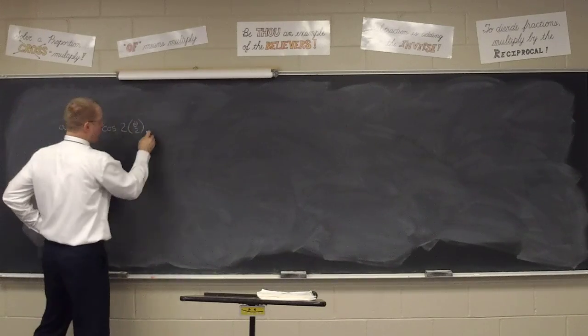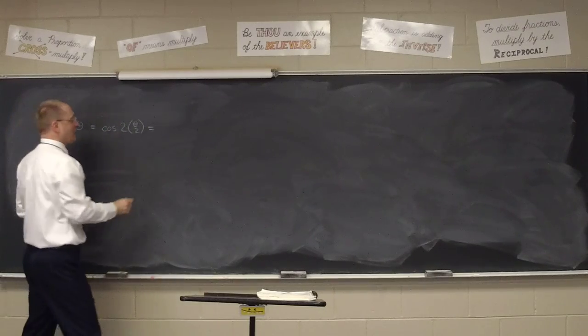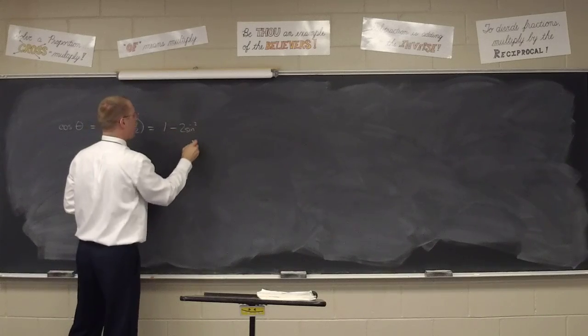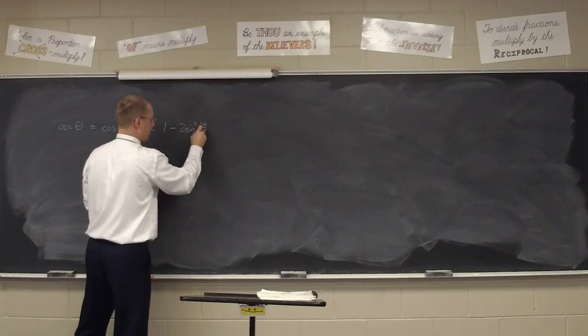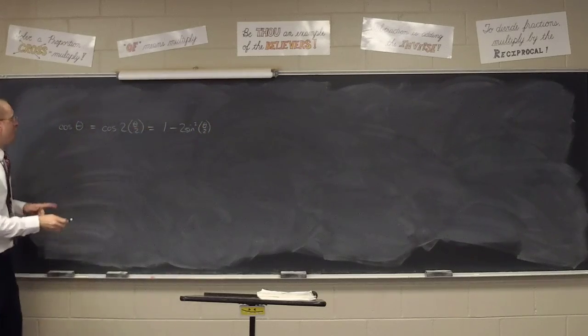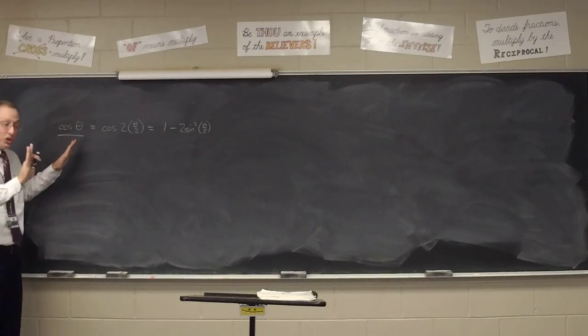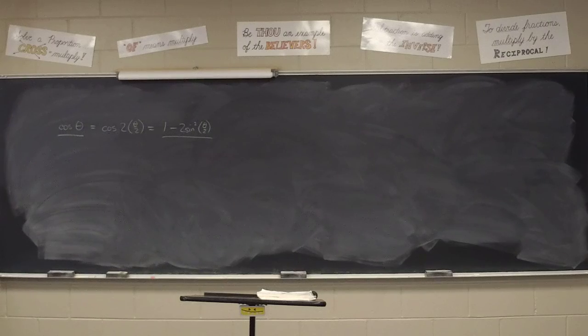And of course, we know that the cosine double angle could be written 1 minus 2 sine squared half theta. Correct? So the cosine, in all its simplicity, I could extrapolate as 1 minus 2 sine squared half theta.